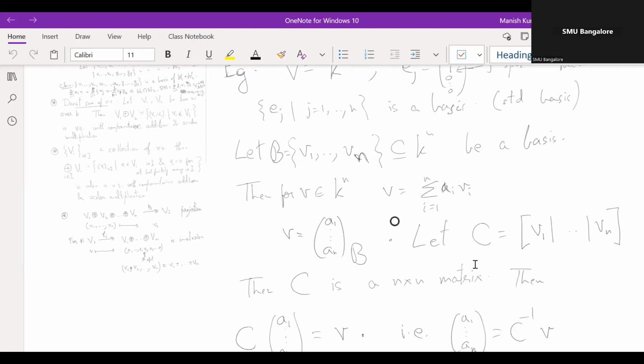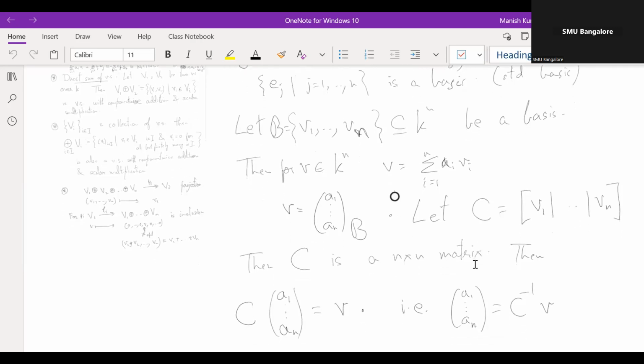First of all, C is an n cross n matrix, because V1 is a column of length n, and there are n rows. What happens is C times this column vector A1 to AN gives you an element of Kn. That element of Kn is precisely V.